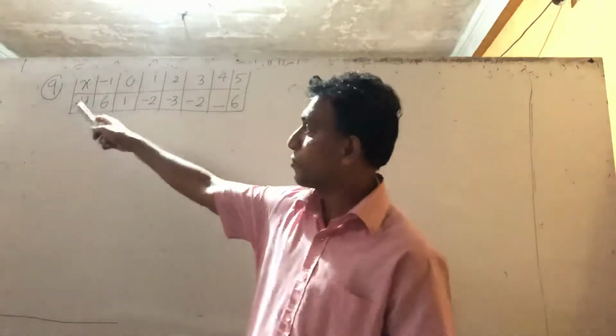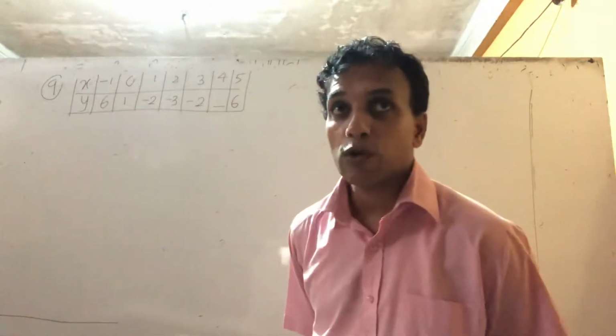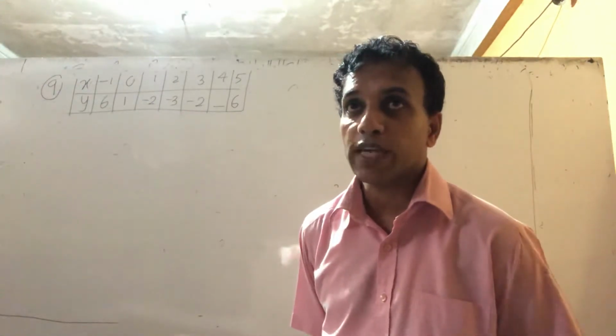X values from -1 to +5: -1, 0, 1, 2, 3, 4, 5.